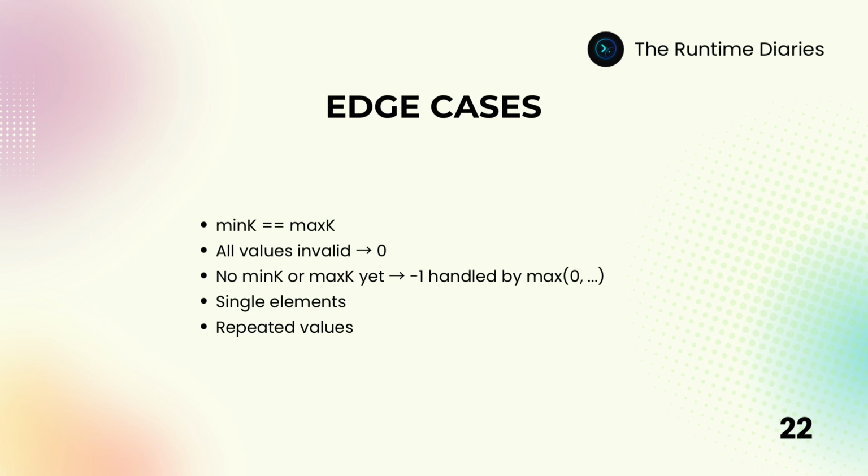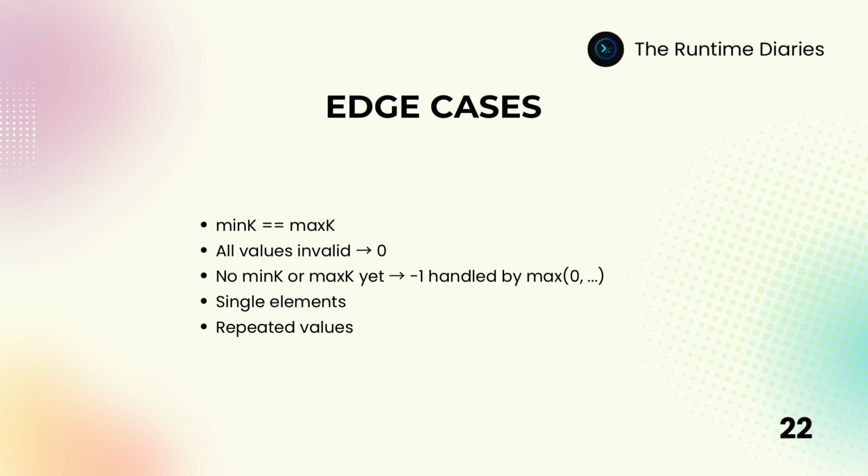There are several corner cases to consider. When minK equals maxK, the logic still works. A valid subarray must have that single value as both its minimum and maximum. When everything in the array is invalid, the answer stays 0. The formula handles this naturally. When we haven't seen both minK and maxK yet, min of last_min and last_max will be -1.